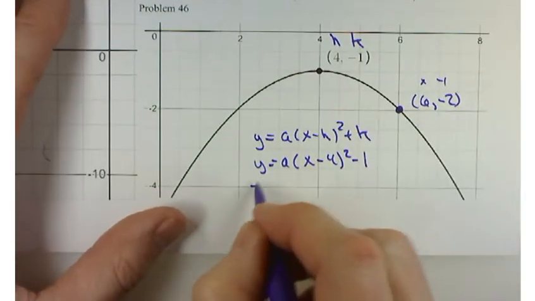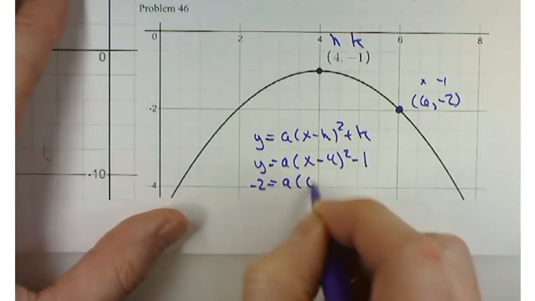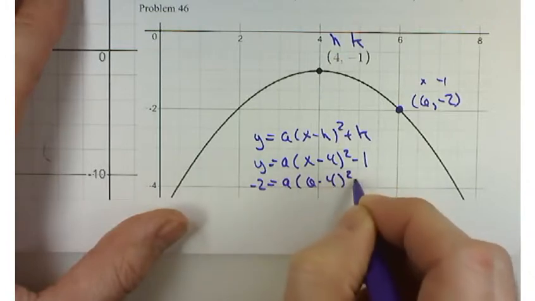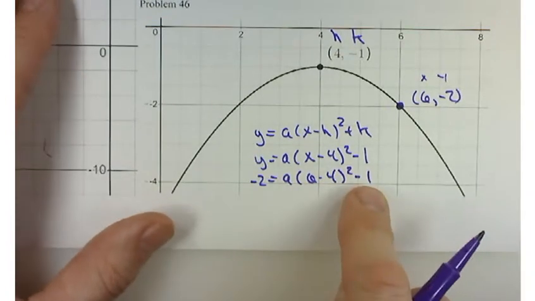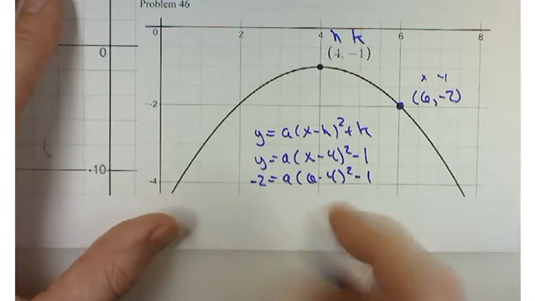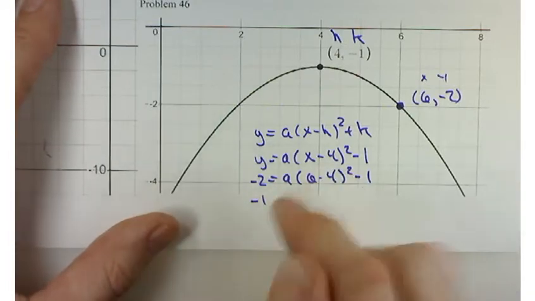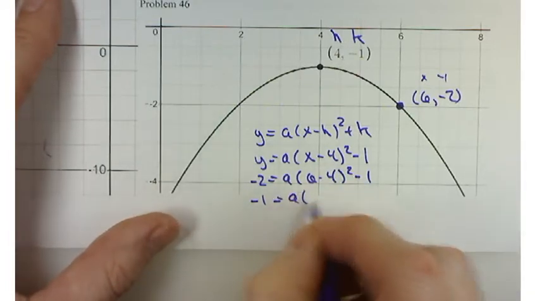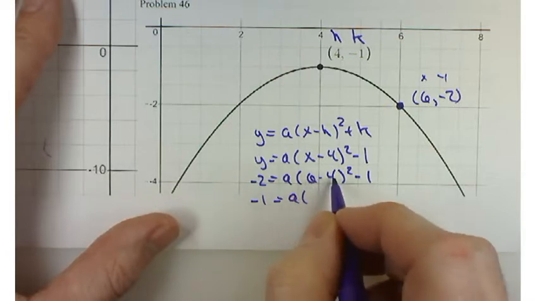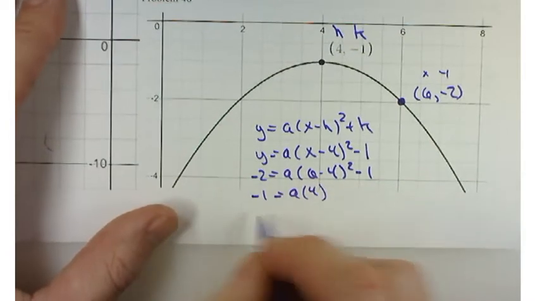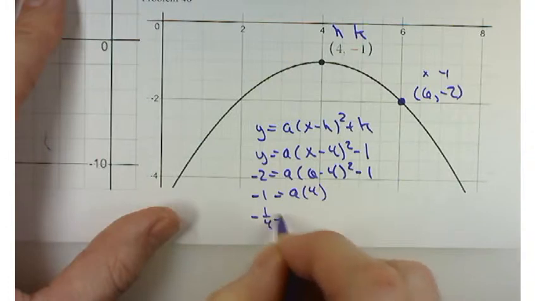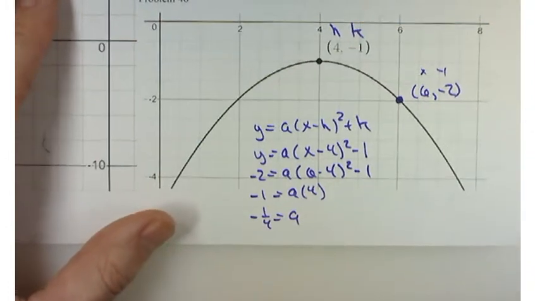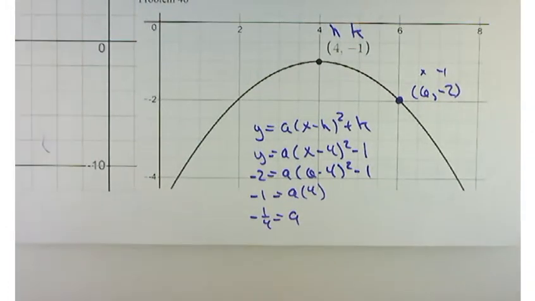So that means negative 2 equals a times 6 minus 4 squared minus 1. We'll add 1 to both sides and get negative 1 equals a times 2 squared, which is 4. So, wow, there you go. A is negative 1/4.